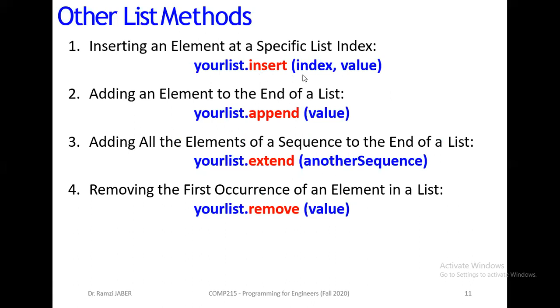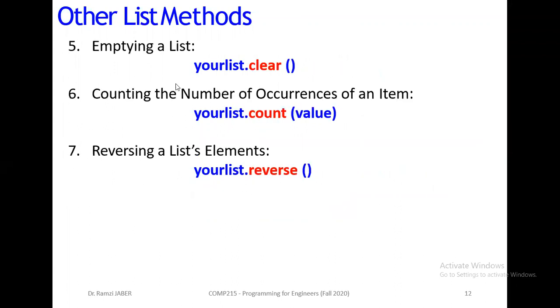Inserting a value with its index, appending a value to the end of the list, extend means concatenate two lists together, remove an element while removing the first occurrence, clear all the list, count: given the value, count how many times it occurs inside the list. And the last one, reverse your list.